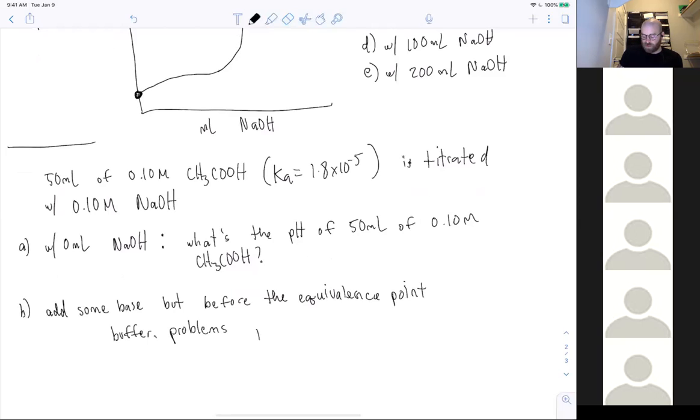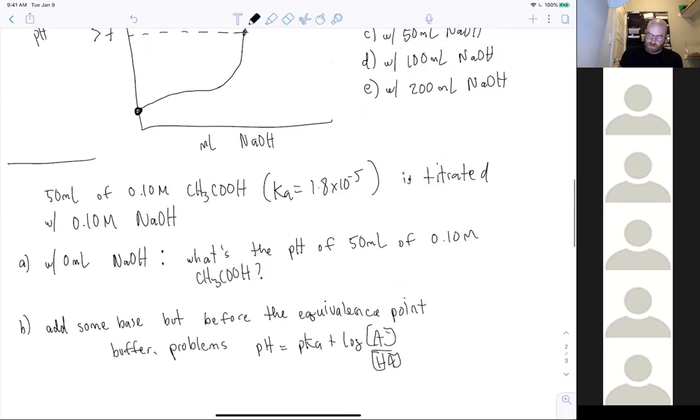And so you want to use pH is equal to the pKa plus the log of A minus over HA. So that's for this part.